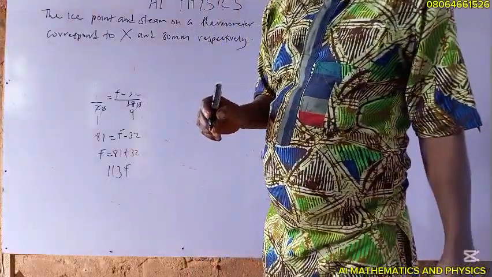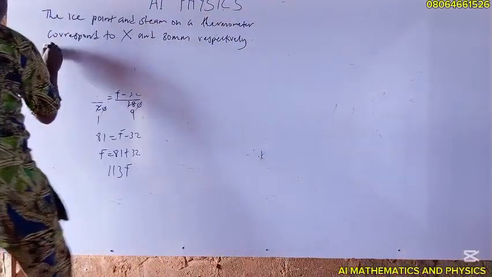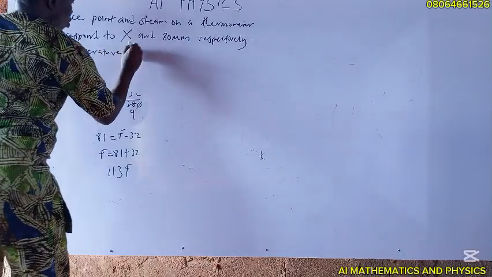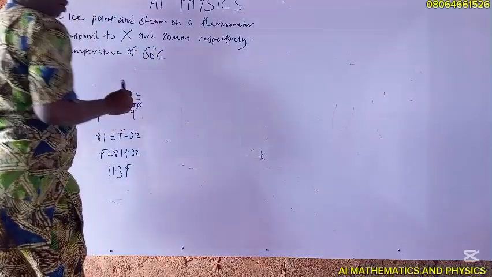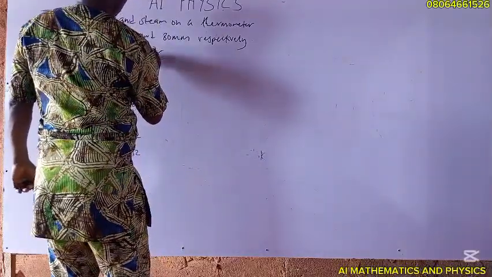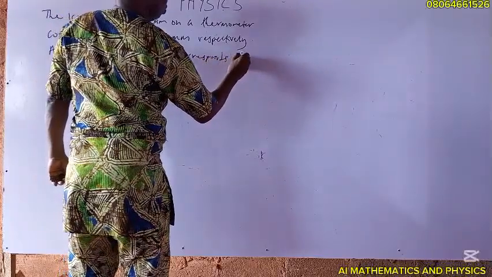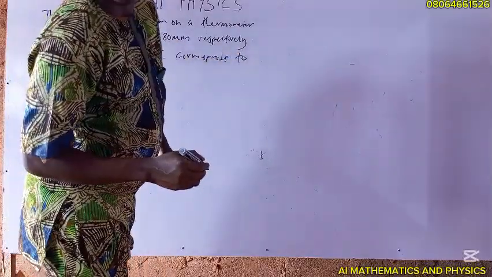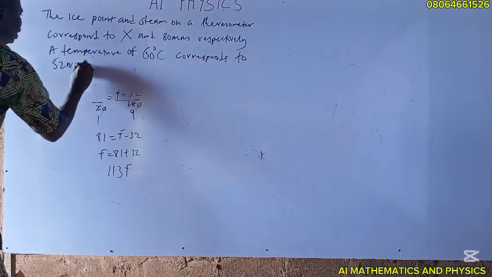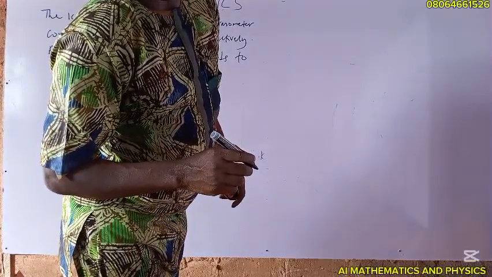Now I ask you that a temperature of 60°C corresponds to 52 millimeter on the thermometer.